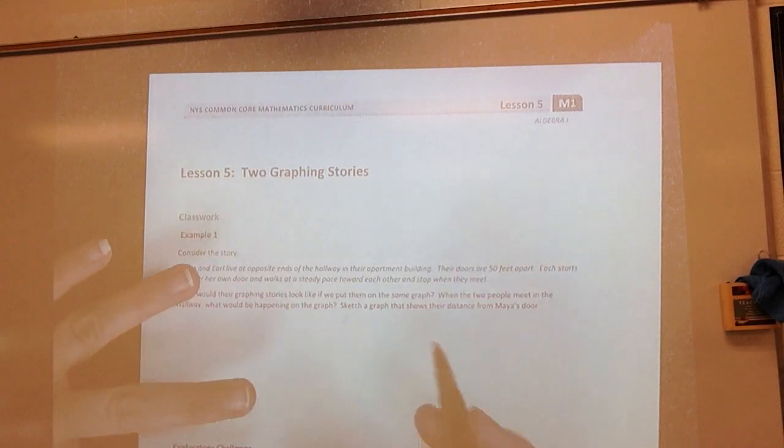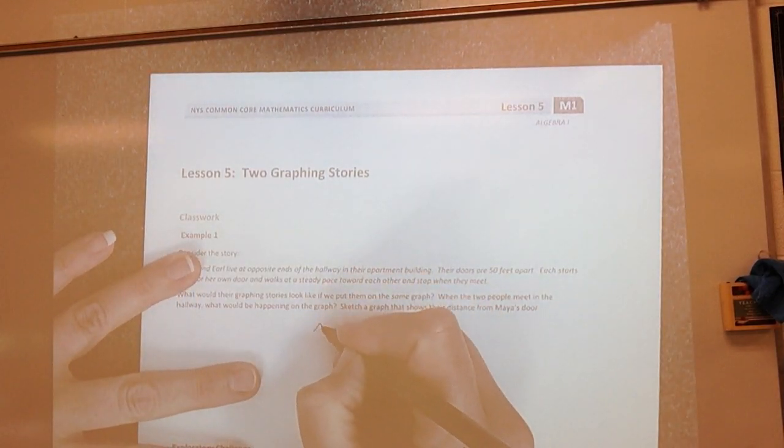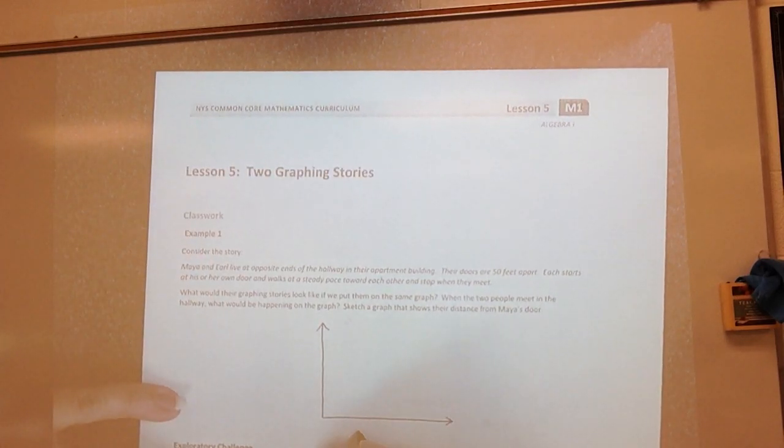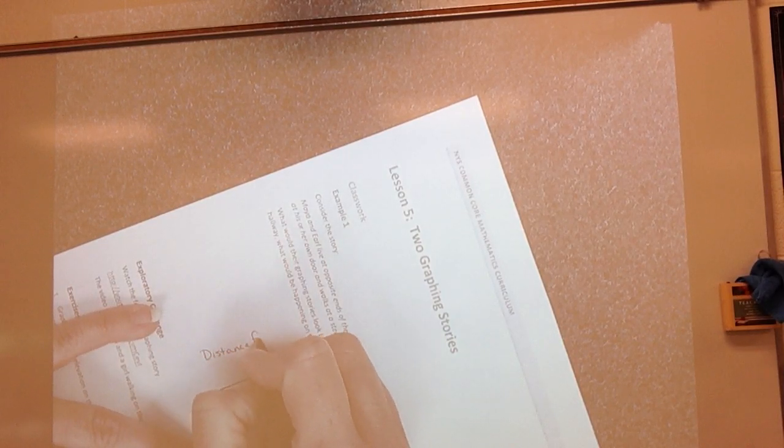Okay, so we're going to concentrate on the positive part of our graph. And we're looking at time in seconds. And then this is the distance from Maya's door, and that's in feet.